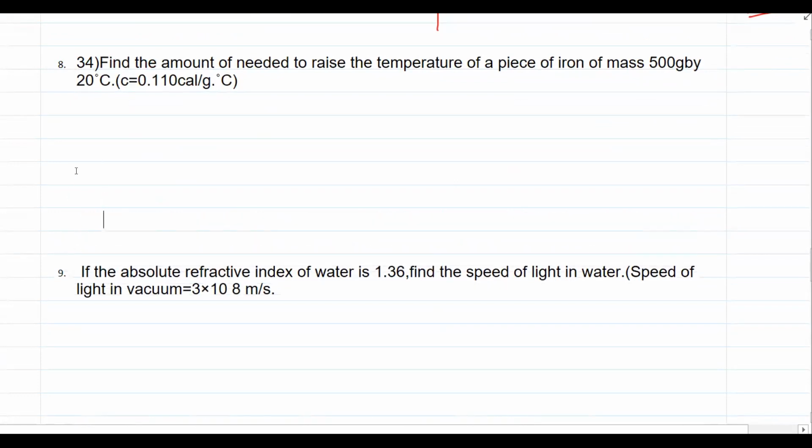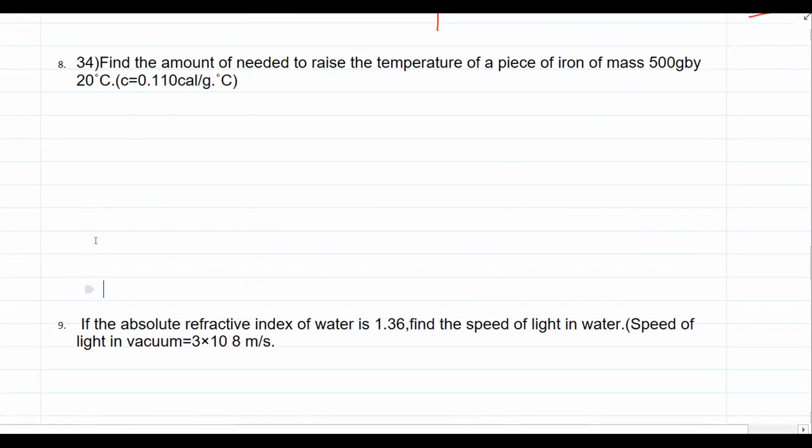Next question is, find the amount of heat needed to raise the temperature of a piece of iron of mass 500 gram by 20 degrees Celsius. This is the question. Okay. What is given here? Given, mass of iron is given.